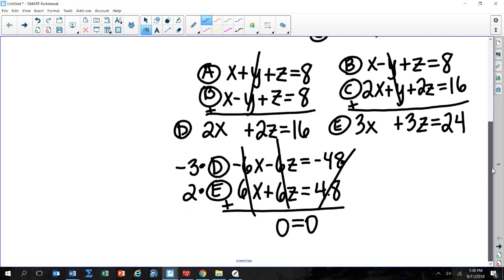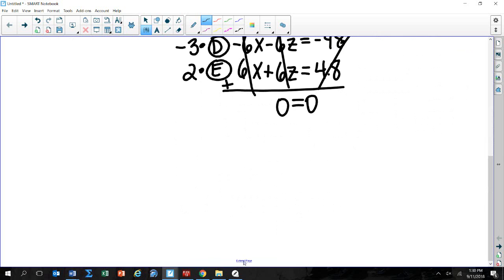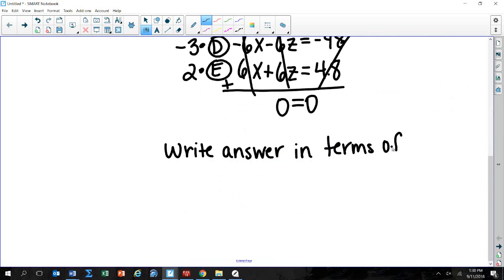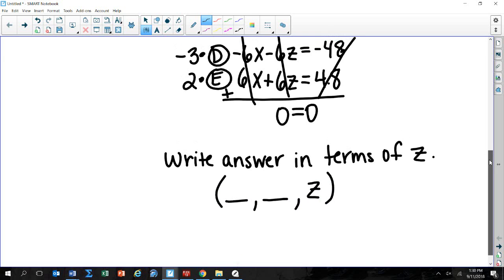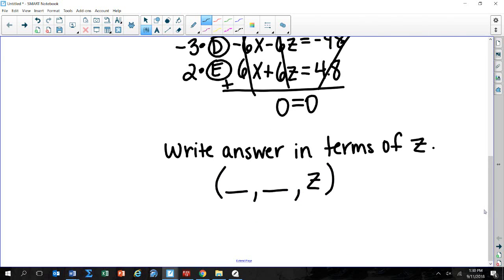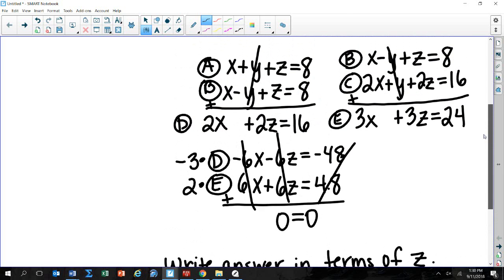Let's say this time I said write the answer in terms of z. I want it in terms of z this time rather than x. That means I'm going to have something for x, something for y, and I know that z is just z. So I need to know what x and y are in terms of z. Do I see anywhere where I have x and z together?